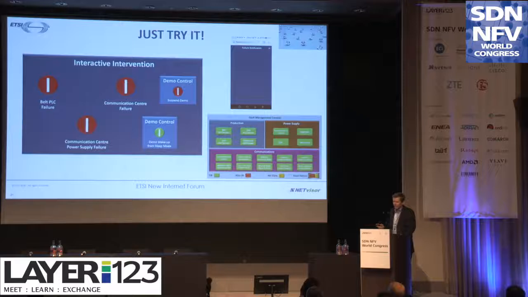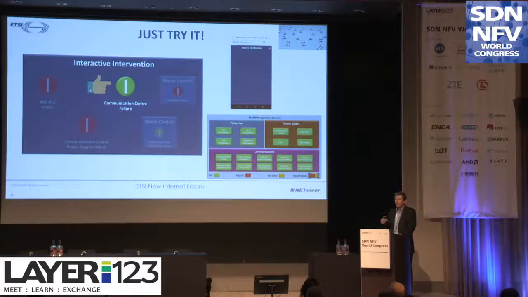Okay, put together all the pieces, how can we ingest a failure into the system? Via the interactive intervention console, if we just touch one of the failure buttons, the failure will be ingested into the system in real time. The normal operation on the demo table will be interrupted.